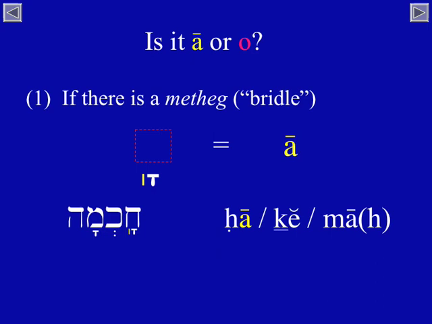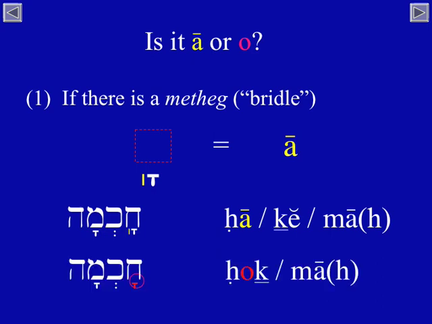Chachema. Chachema. Not chochma, which is a perfectly good Hebrew word. Chochma means wisdom, but if written with the metheg, chachema, it's a different form, and the scribe writes the little metheg to help us through the ambiguity.